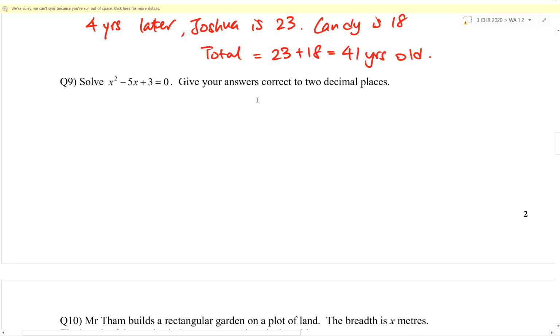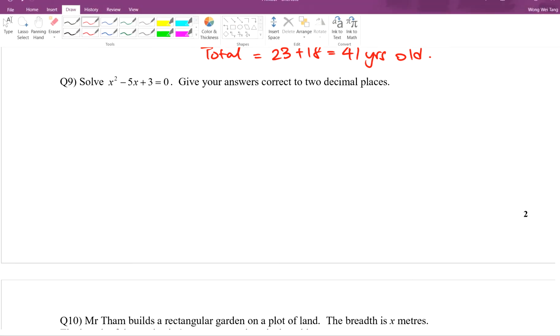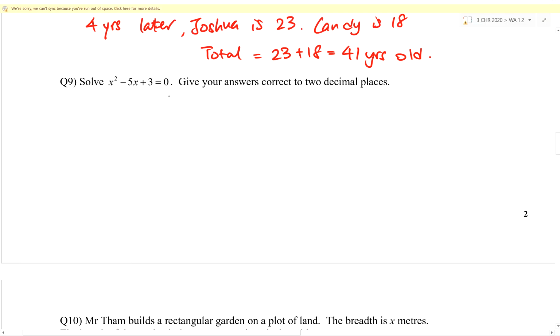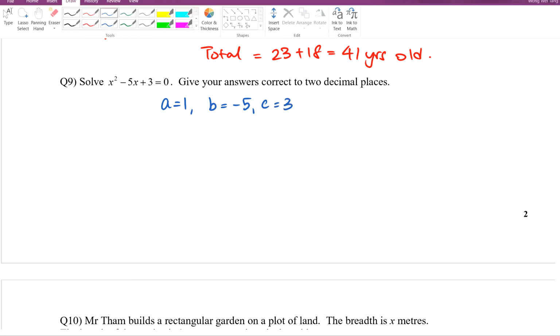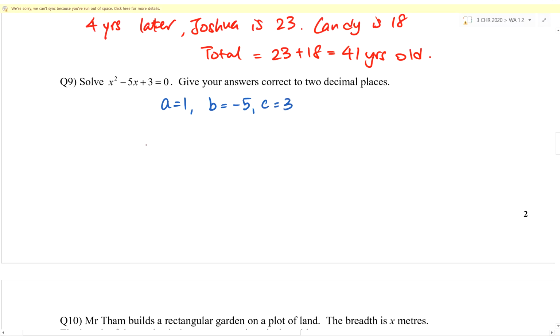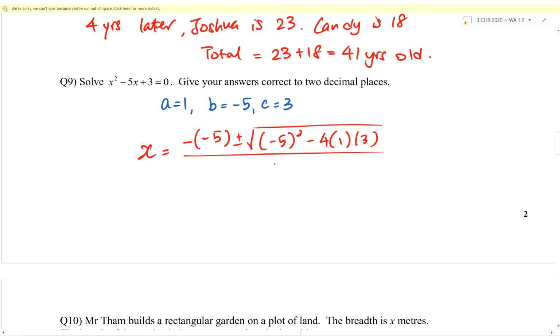So now to solve this, using the formula, we identify that A has a value of 1, B has a value of negative 5, and C has a value of 3. So substituting it into the formula of x equals minus B plus minus square root B squared minus 4AC over 2A.